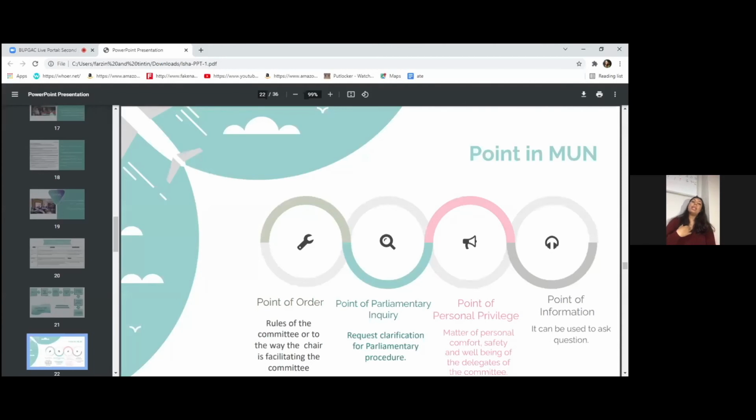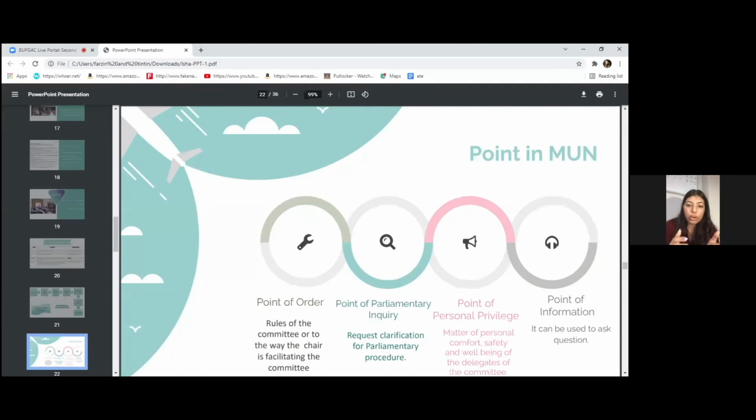If I am the delegate and I yield my remaining time to questions, other delegates can raise a point of information and ask me the question. So if you want to ask a question to a delegate, you raise a point of information. If it is for the dais, point of parliamentary inquiry. That's the difference: information is for delegates, parliamentary inquiry is for the dais.